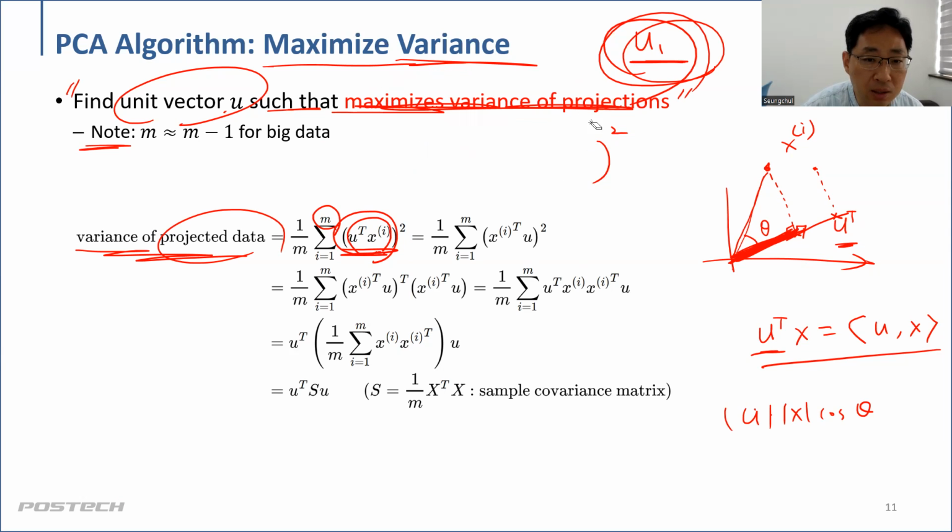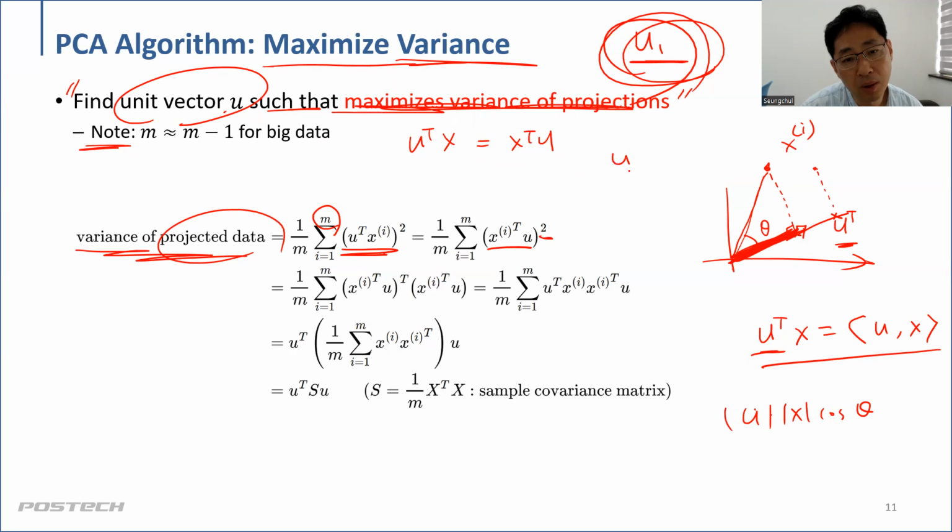And the next step is, again, U transpose X is the same as X transpose U. And squared, remember, Y transpose Y is the same as Y squared.